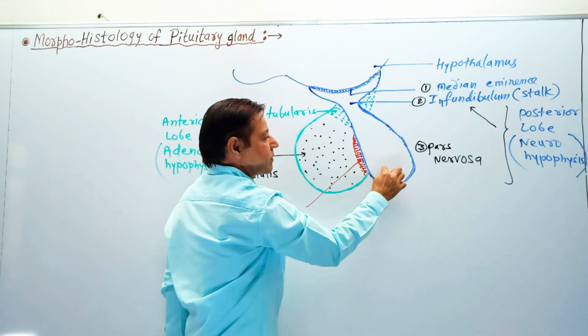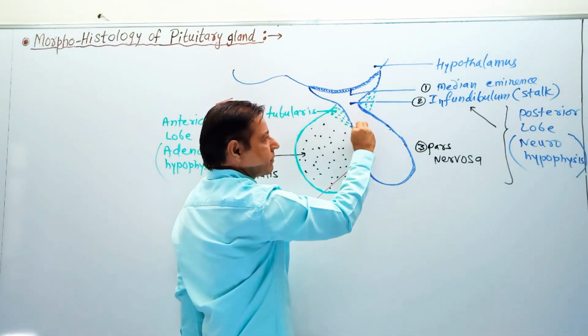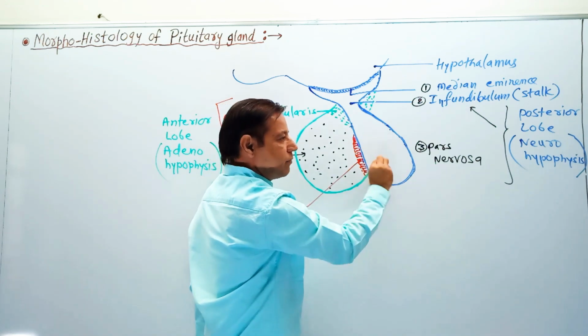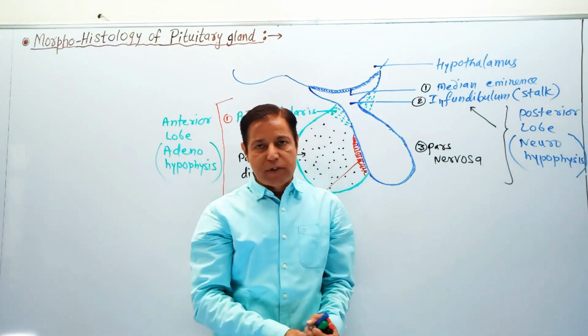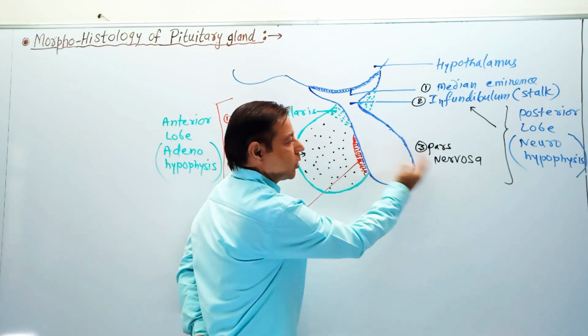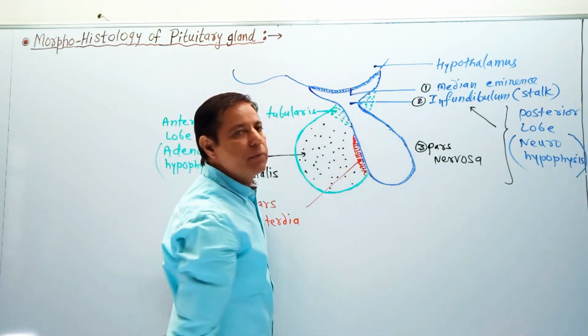by their axons. Okay, in this way hypothalamic hormones are brought into the pars nervosa, and from there they are released, poured into the bloodstream. That is why such hormones are not of the neurohypophysis but of the hypothalamus.